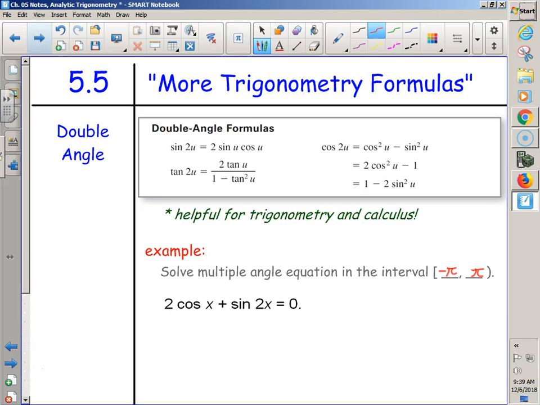Homework questions. 5.5 is the last section. I've looked at the calendar. I have said that the quiz is on Monday. I'm partially right and partially wrong. Part of the test is on Monday.